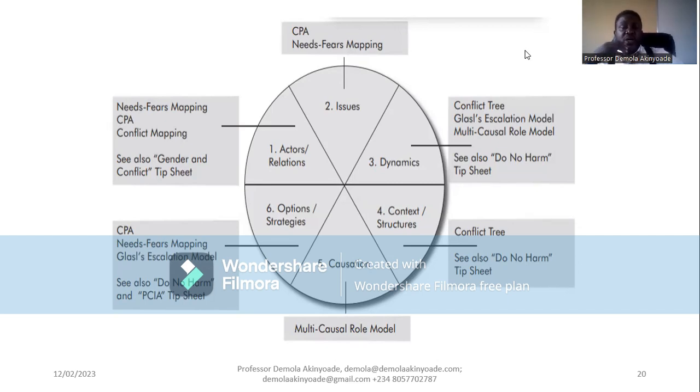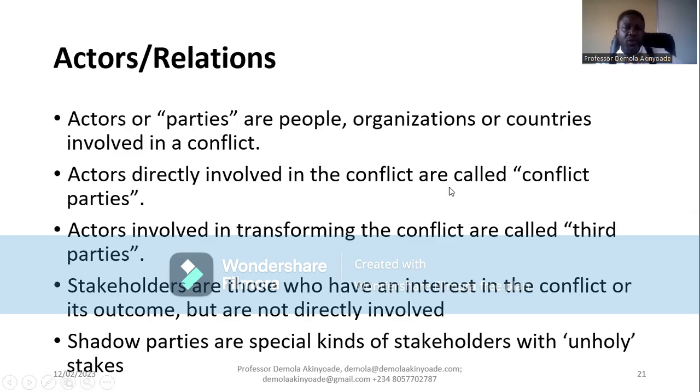So this is the way we use the conflict wheel, which is a meta tool. And as I told you, it's both graphical and narrative. So, who are the people that we refer to as actors and relations here? They are parties.